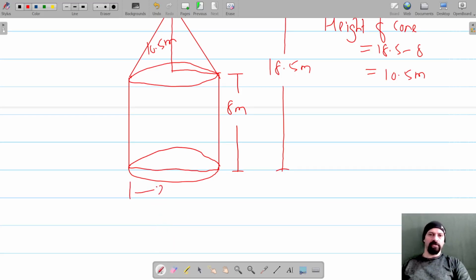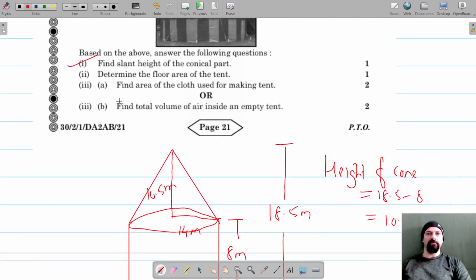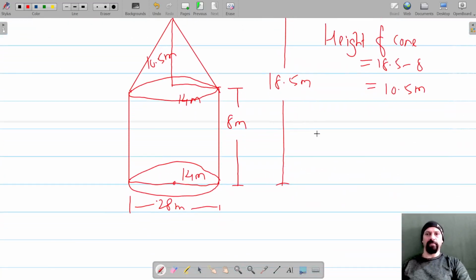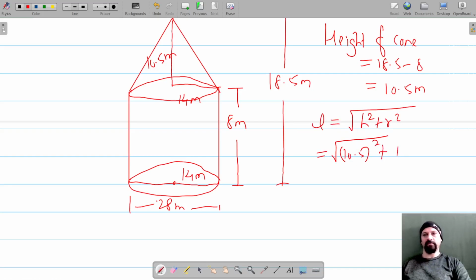So diameter is 28, and the radius of the cylindrical as well as the conical part is common, which is 14. And we have to find the slant height of the conical part. So slant height of the conical part is given by root of h square plus r square, and height is 10.5 square, radius is 14 square.